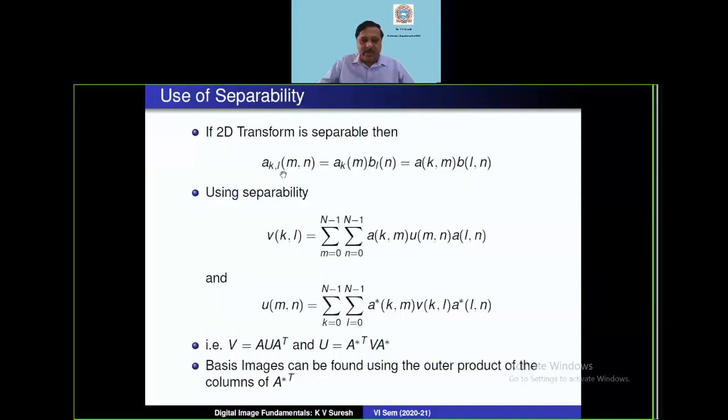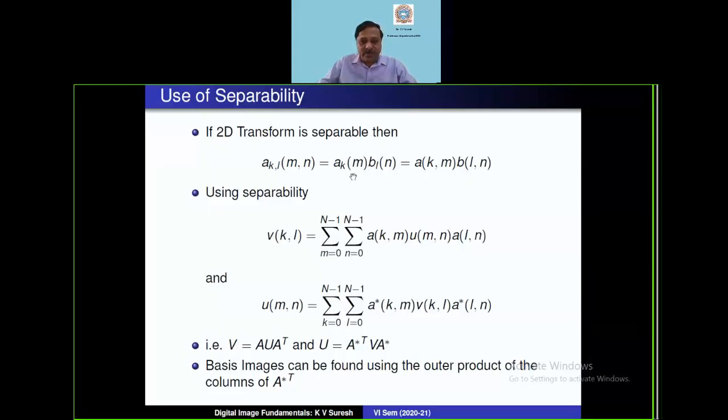If this function can be separated into two one-dimensional functions, carefully observe, this is a two-dimensional function which is now written as two one-dimensional functions. If I can separate it into two one-dimensional functions, then this could be utilized in making our transformation simple.